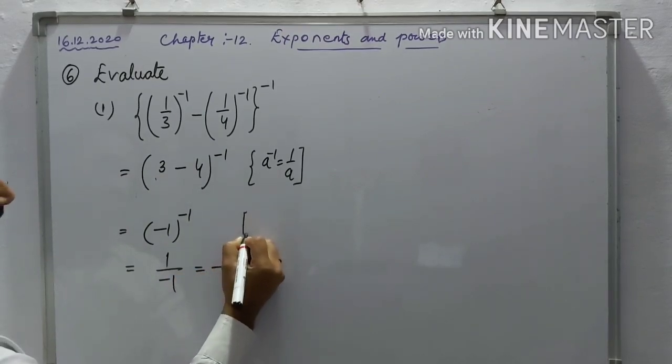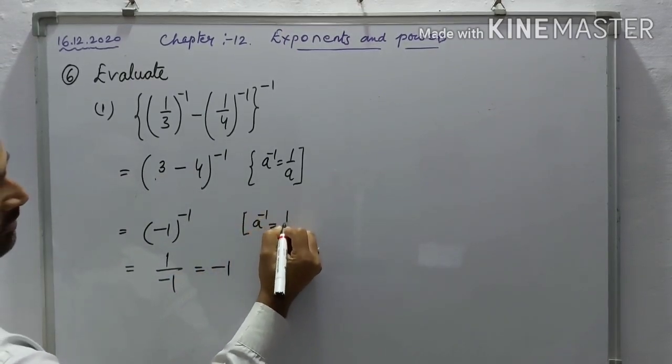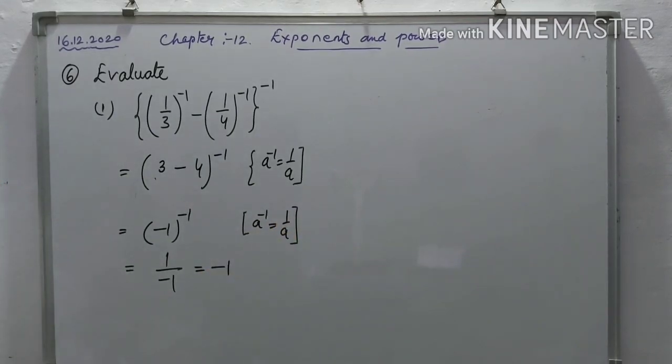Here we use a^(-1) = 1/a. This is the sixth question.